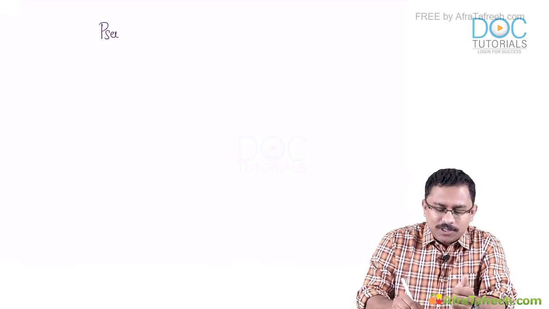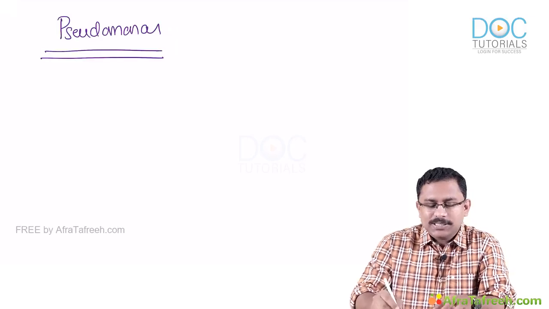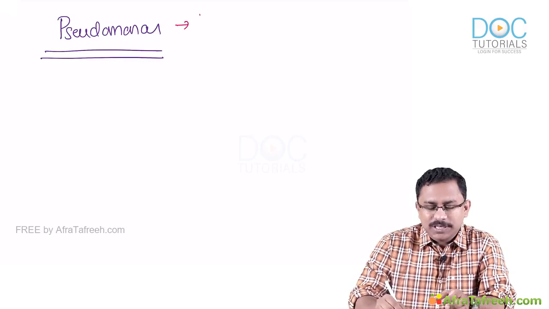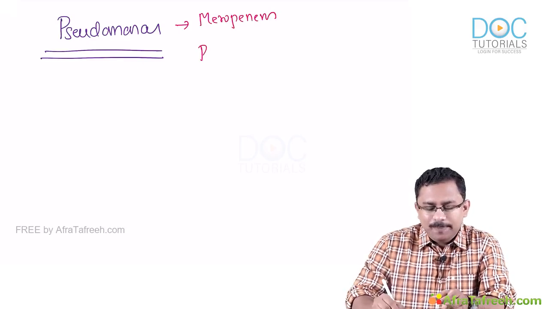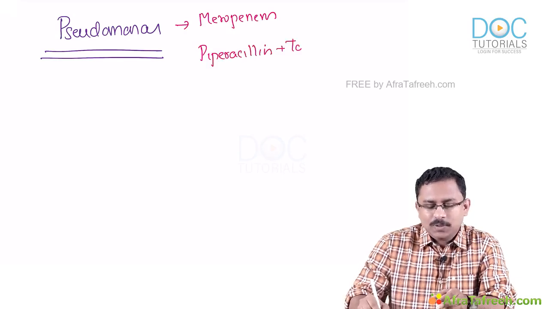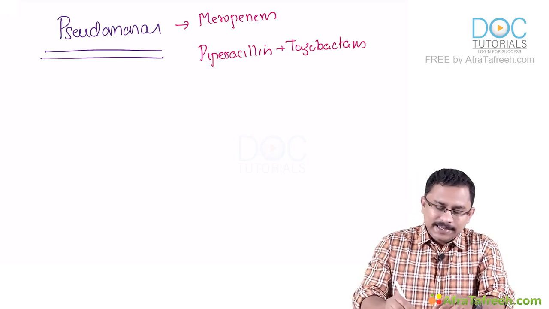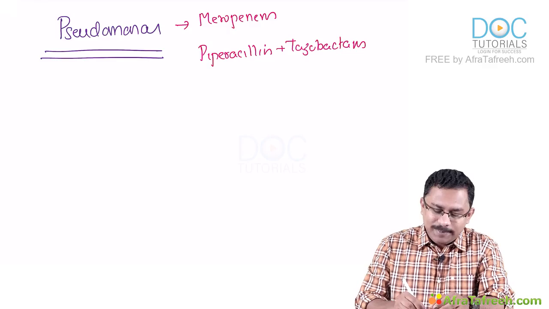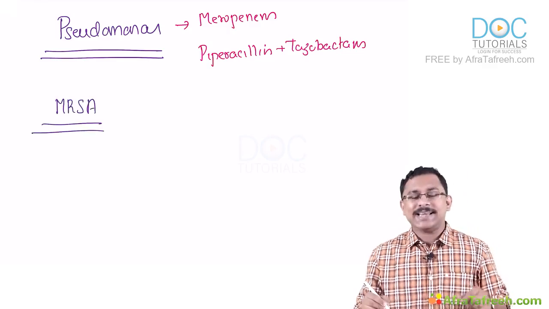Now suppose you get the culture reports and you find that the organism that has caused it is Pseudomonas. Then you should shift to either a meropenem or you should add a piperacillin tazobactam. Okay, all right. And suppose you get MRSA, methicillin resistant Staph aureus.